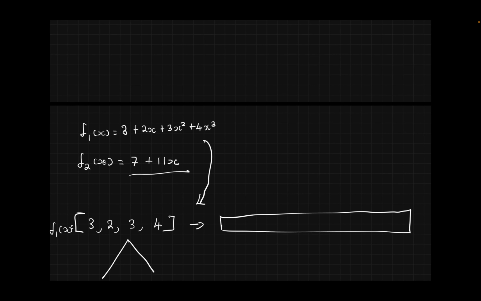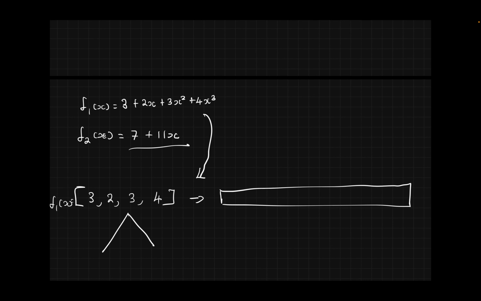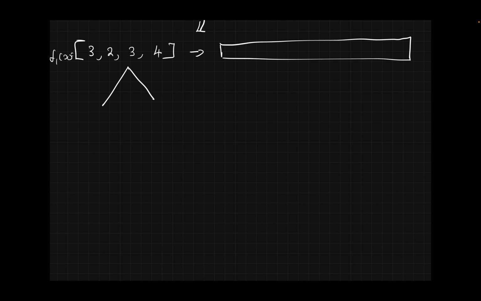The goal is to get 7, 11 for the next one. How would you do this? You get the even terms in one array: 3 and 3. Then you get the odd terms in another array. What was our r? 2. So we multiply this one by 2 and add everything together.